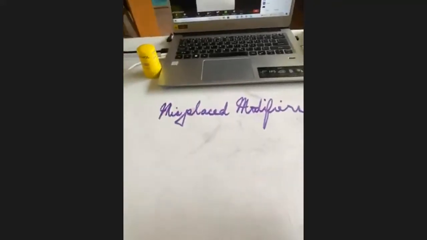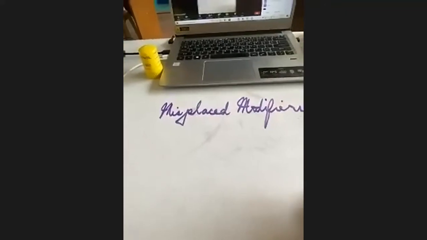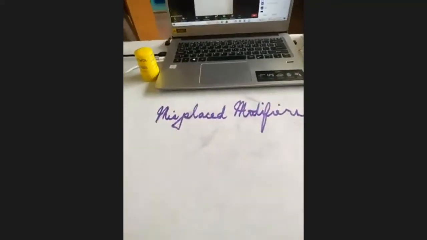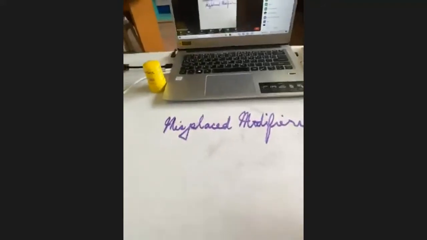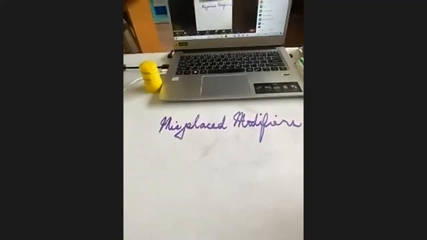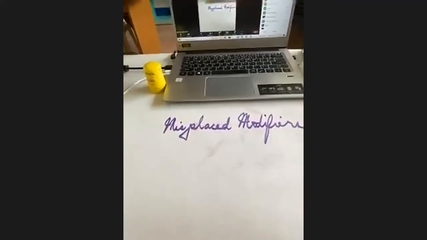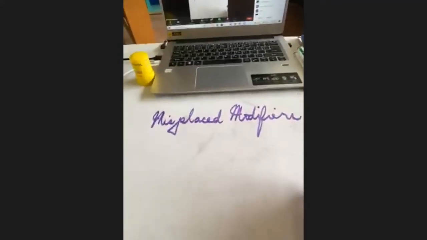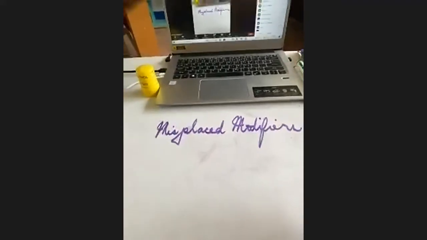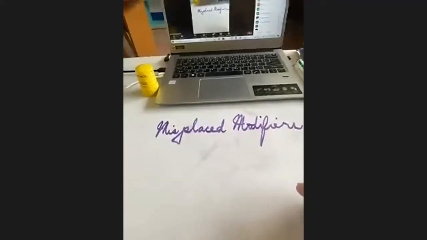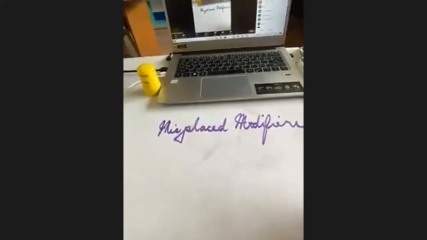As a rule, a modifier is supposed to be placed close to the word that it is supposed to modify. That's quite the general rule. So we always ask ourselves, once we find a modifier, is it found in the right place? Is that word the right word modified by this modifier?